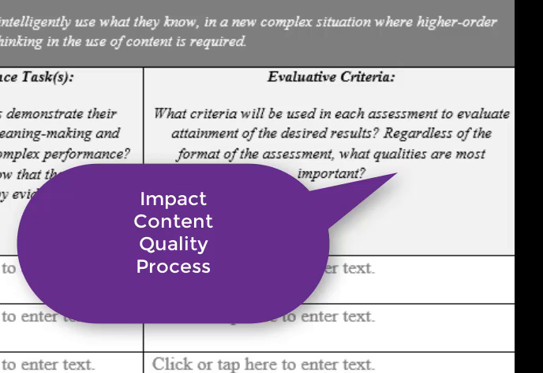Content: is it appropriate? Is it relevant? What is the quality, the overall rigor of the work that students are demonstrating in their performance? And what is their process? What's the quality of their process? Is it appropriate? Do they use appropriate methods, for example?